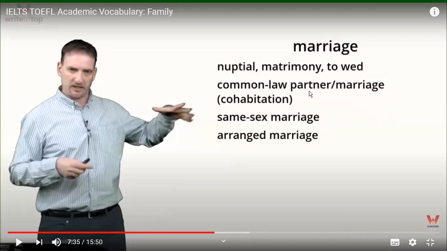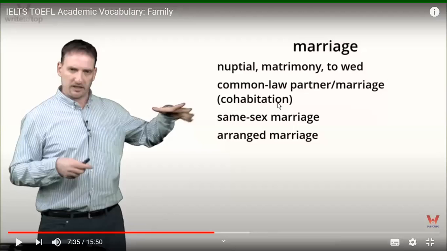Common law partner and marriage. Cohabitation. Cohabitation is when a couple lives together without any signing paper and without any ceremony. Living together without any marriage, they just want to live together.